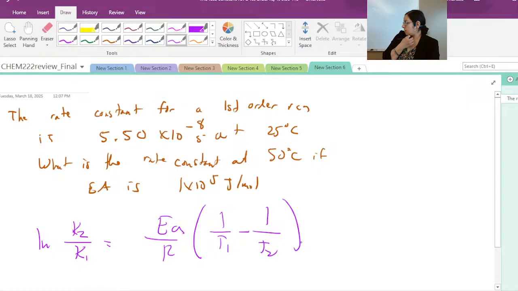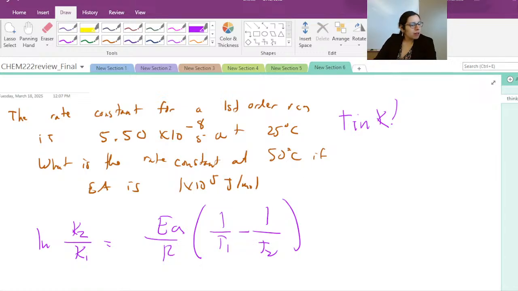Excellent, that's correct. And then what do we need to remember about T? Kelvin. So temperature in Kelvin. I forgot where I was looking. It might have been the labs that I was grading where people forgot to convert temperature to Kelvin. Don't think it came up on a quiz, but just watch for that. Your temperature needs to be in Kelvin.